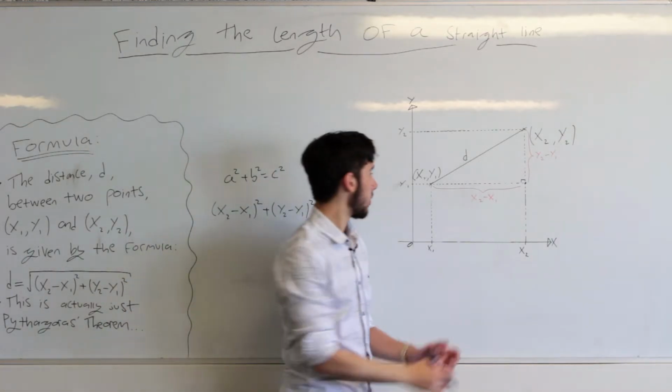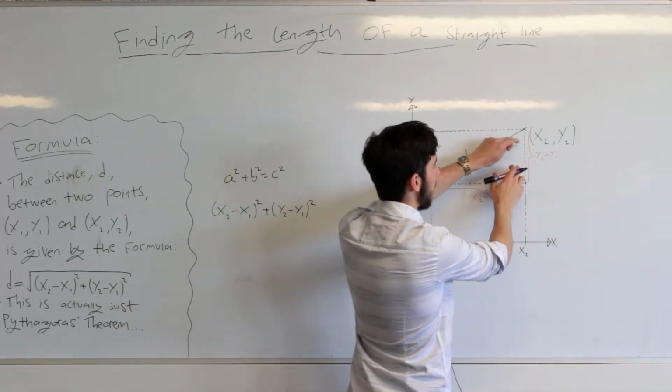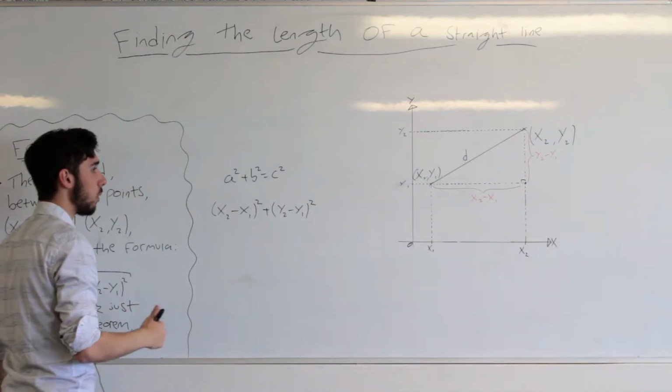Because essentially this is one side of the triangle, this is another side of the triangle, okay? It's a right angle, of course.